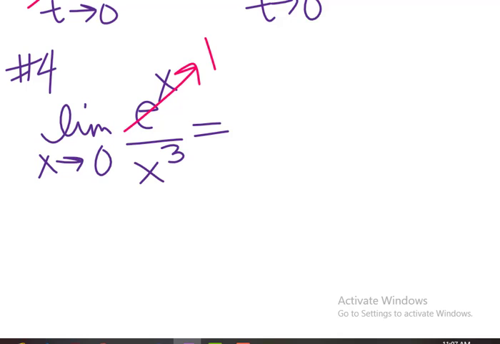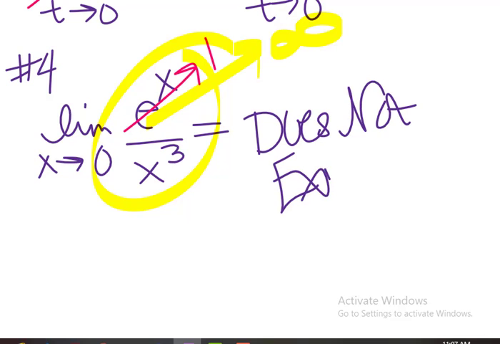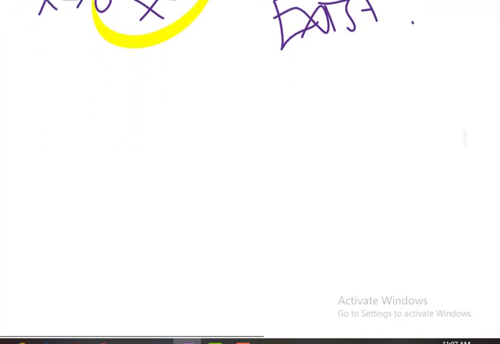Whenever you divide 1 by numbers that get smaller and smaller, this whole piece will approach infinity. So in the end, we would say that this limit does not exist because it goes to infinity. So it has no limit.